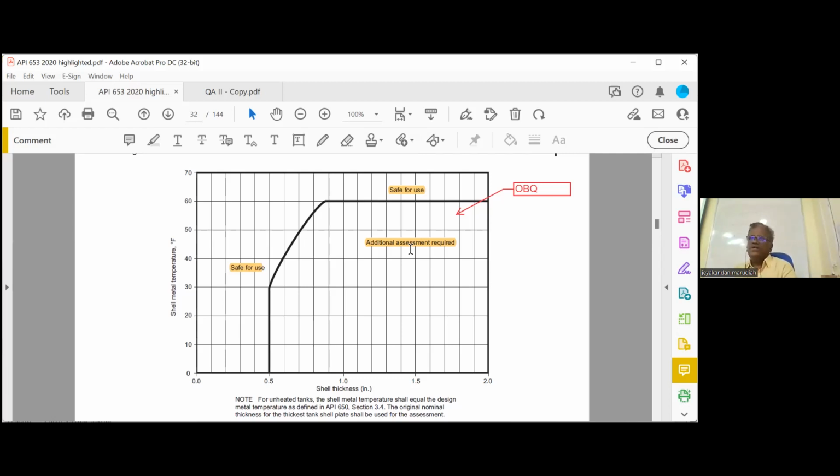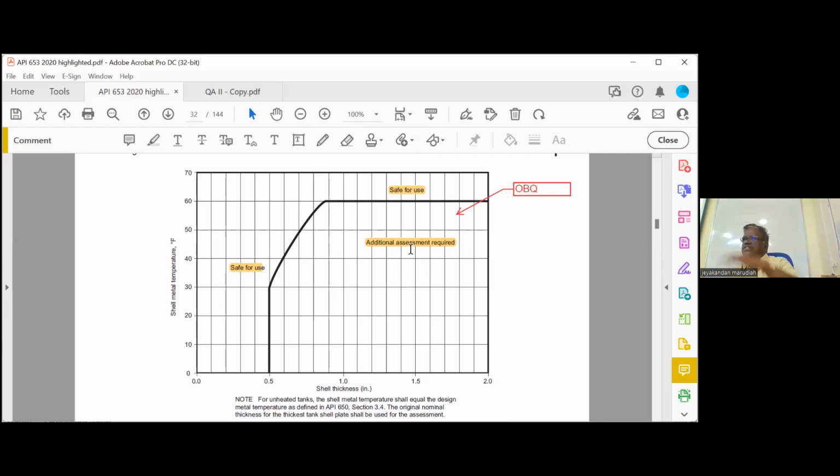Another important topic in chapter 5 is what is meant by severe service. A tank is considered under severe service in only 2 conditions. When the stored product specific gravity is increased, for example, before you stored a product with specific gravity 0.8, now you want to store a product with 0.9, then it is considered as severe service.